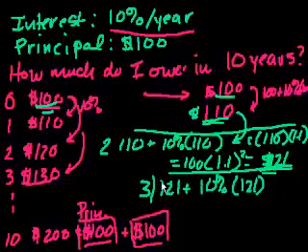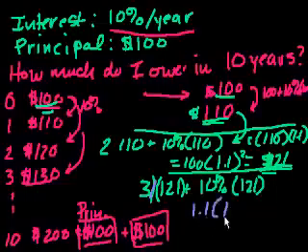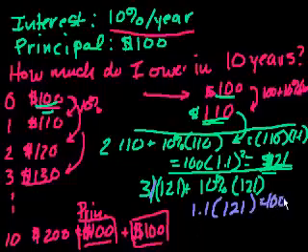And so that's the same thing. We could put parentheses around here. So that's the same thing as 1 times 121 plus 0.1 times 121. So that's the same thing as 1.1 times 121. Or another way of viewing it, that's equal to our original principal times 1.1 to the third power.